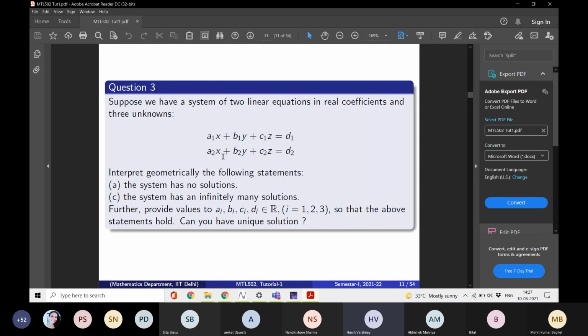Sir, if D1 equals 0 and D2 equals 0, homogeneous, then these are planes passing through the origin, because they will satisfy 0, 0, 0. If you take x equals 0, y equals 0, and z equals 0, this will satisfy the equation of the plane. Then sir, we cannot say A1/A2 equals B1/B2 equals C1/C2 equals D1/D2, because D2 is 0.